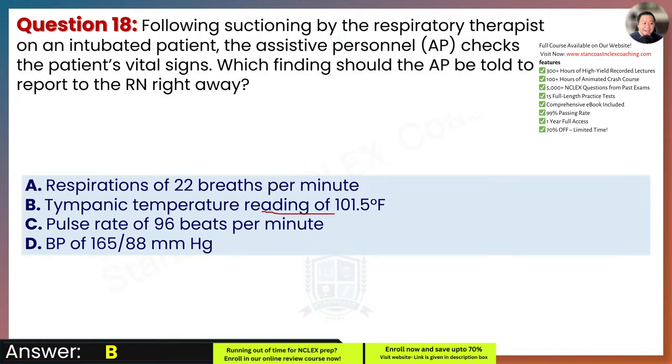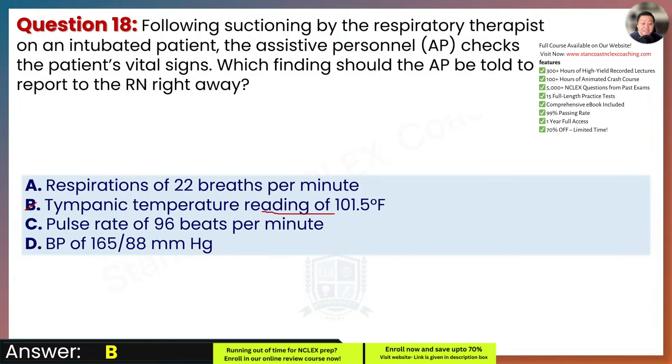Now, what about letter A? Respirations of 22 breaths per minute. Well, remember that when the client just had suctioning performed, this can cause a brief respiratory change due to the airway irritation or the stress. But the key here is that it's not dangerously high or low.